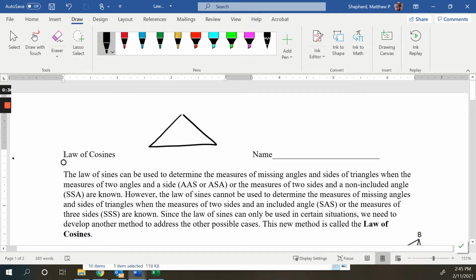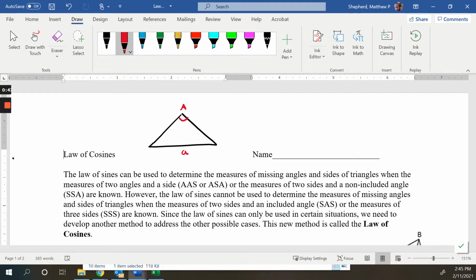Law of sines was great when we knew a specific angle and its opposite side. Then given any other piece of information, if I had this angle and I wanted to figure out this opposite side, or if I had that side and I wanted to figure out that angle.